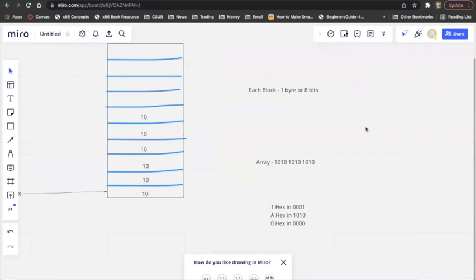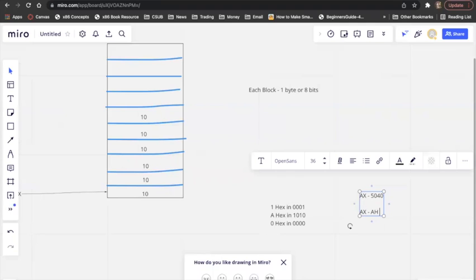Then we're moving 5040 to AX. Remember, AX is a 16-bit register, so AX will have 5040. AX can be divided into two registers, AH and AL. AH will have 50 and AL will have 40.